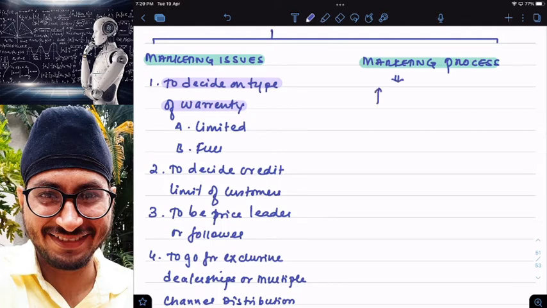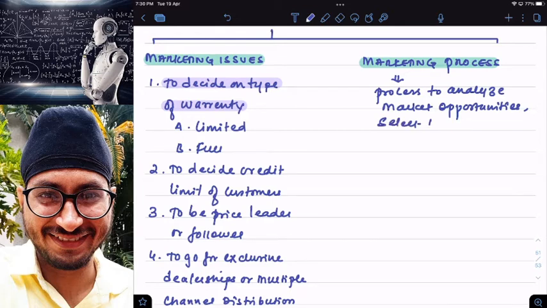It is nothing but a process to analyze market opportunities, plus select the target market, plus develop the marketing mix.